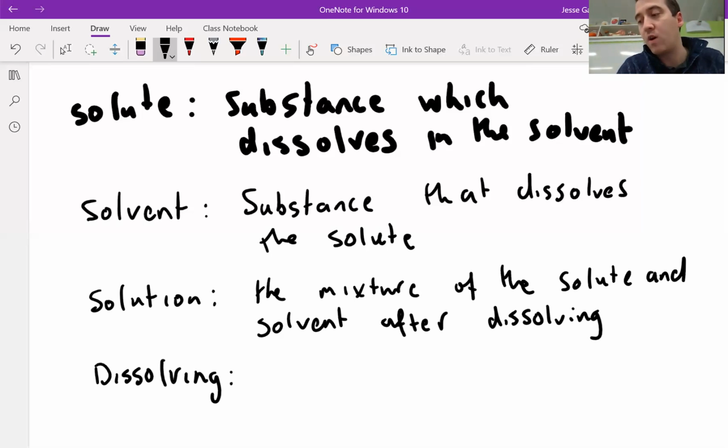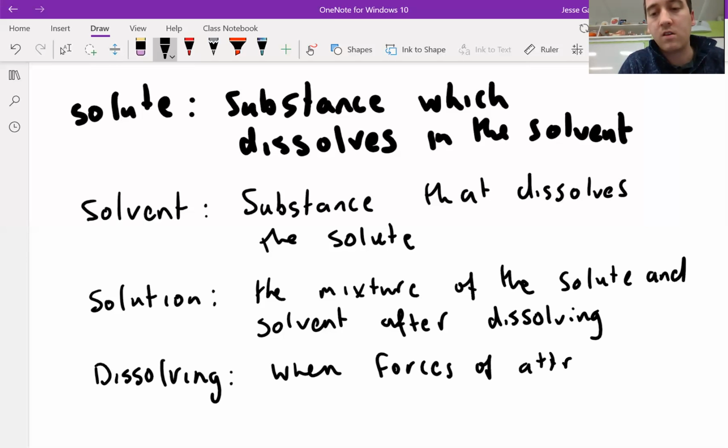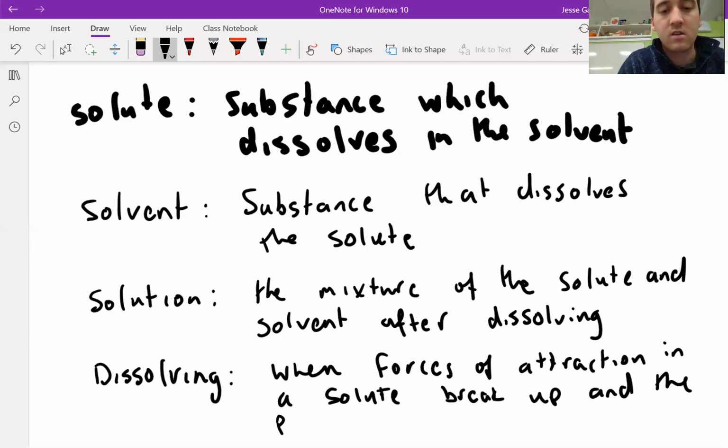So what is dissolving? What happens in dissolving? Explain your answer to the screen on 3. 1, 2, 3. Dissolving is when the forces of attraction in a solute break up and the particles mix with the solvent.